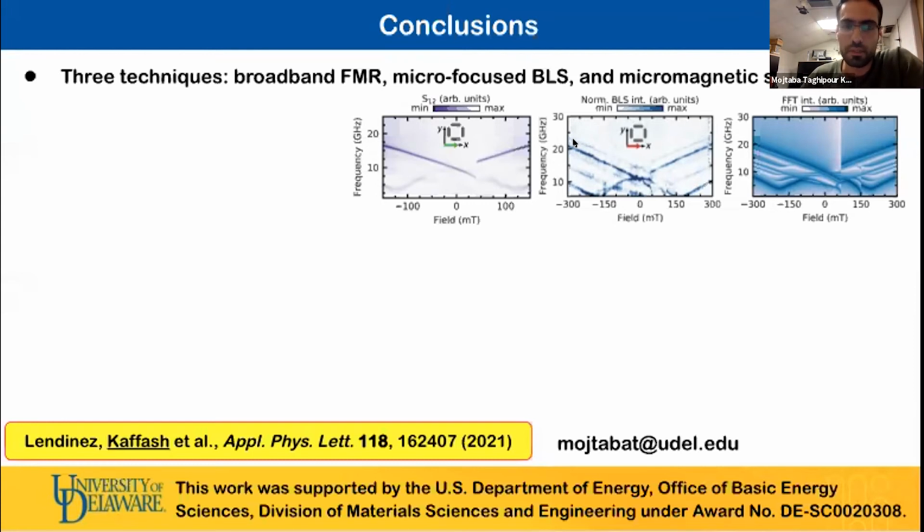In micromagnetic simulation, we see K equals 0. And in BLS, there are some modes inaccessible in FMR, and probably not in the micromagnetics either. This is the logarithmic scale plot for the micromagnetics, but it's still not visible there. Okay, thank you. Sure, no problem.